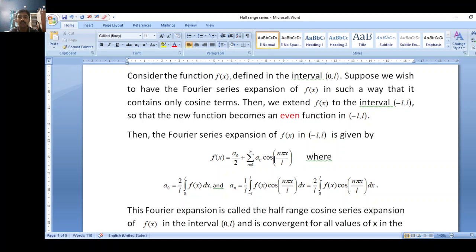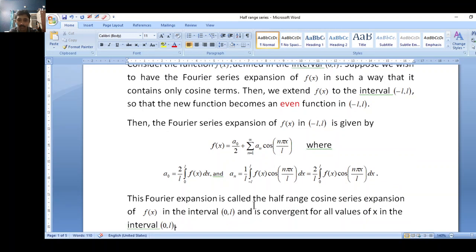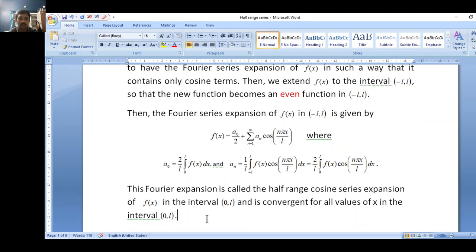Very importantly, bn vanishes, so the series will contain only cosine terms, and this series expansion is called the half range cosine series expansion of f of x, and is valid only for all values of x in the interval 0 comma L.